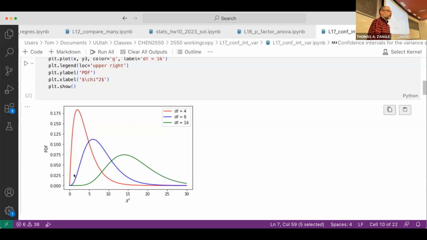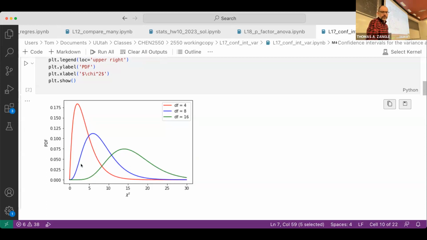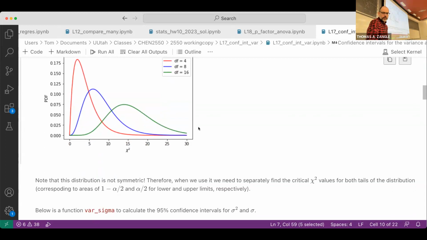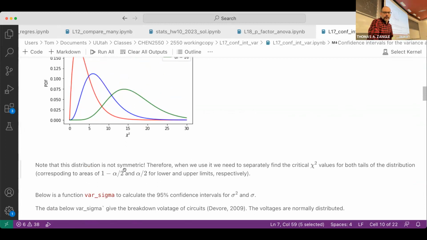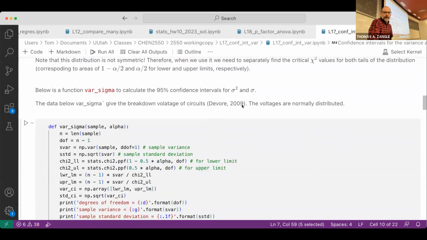Especially as we have lower degrees of freedom, it's very highly asymmetric and highly skewed, and so we need to compute the area or the chi-squared statistic separately for each tail. So we separately find the critical chi-squared values for both tails of the distribution. These correspond to areas of alpha over 2 and 1 minus alpha over 2. So we need to find both of those separately.